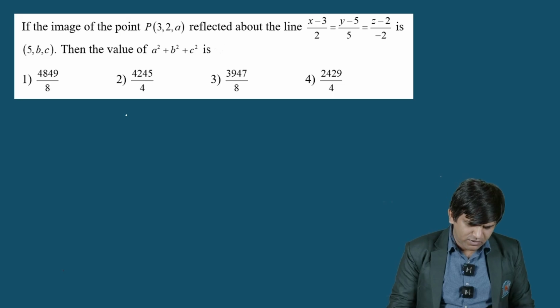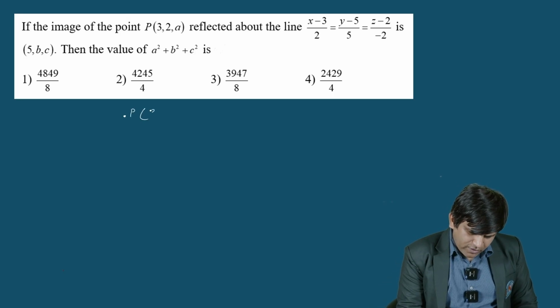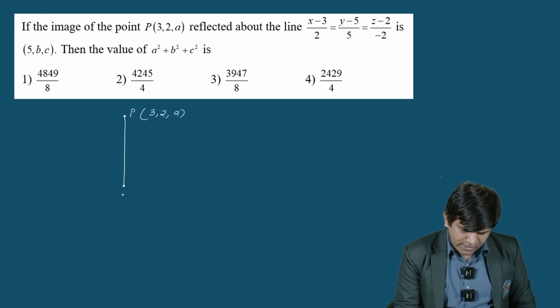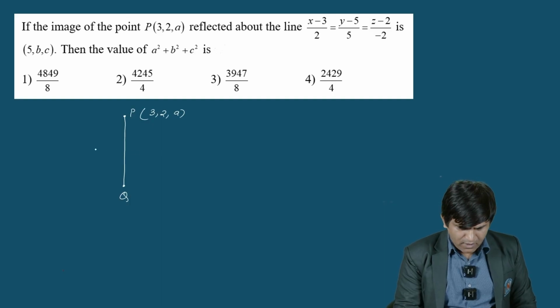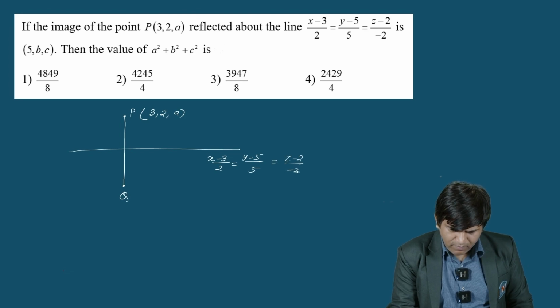If this is point P (3, 2, A) and its image, let's say, is Q about this line, and this line is (x minus 3) by 2, (y minus 5) by 5, and (z minus 2) by minus 2.